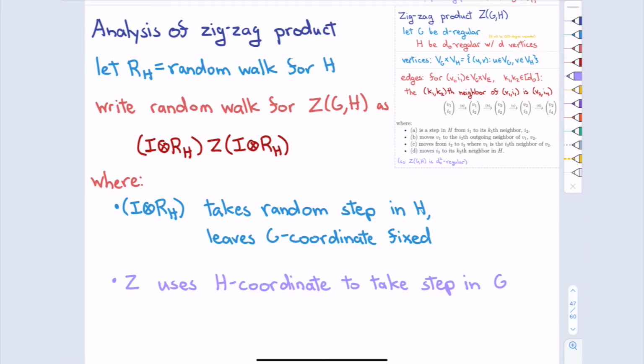I'll explain why the tensor notation shows up. But for the moment, let this denote that I'm on a vertex in G, I'm on a vertex in H, and I just take a random step in H and I stay where I am in G. So I think of I as the identity on the G side and R sub H as a random step on the H side.